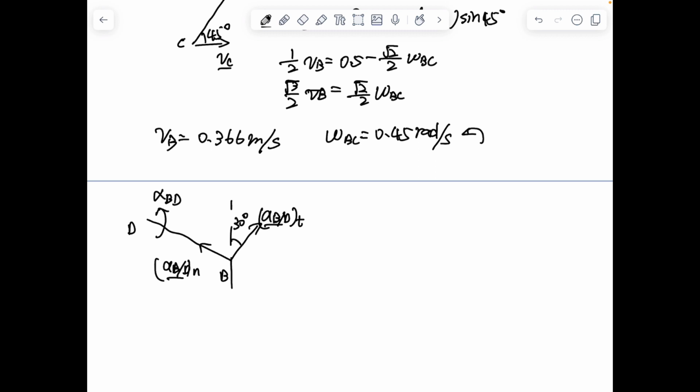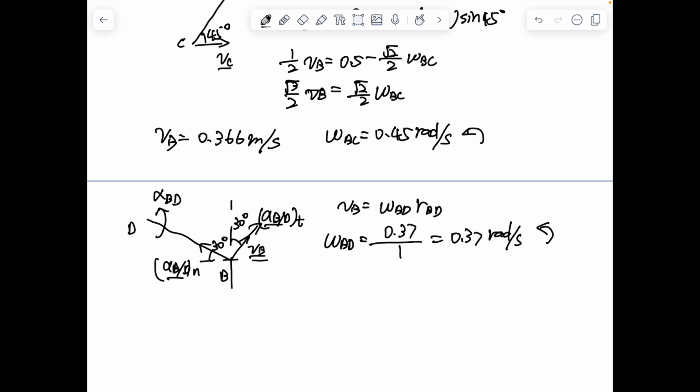And VB has the same direction as the tangential acceleration. This is also 30 degrees. Then VB is equal to omega BD times RBD. Omega BD is equal to 0.35 over 1, which is 0.37 radian per second, counterclockwise.